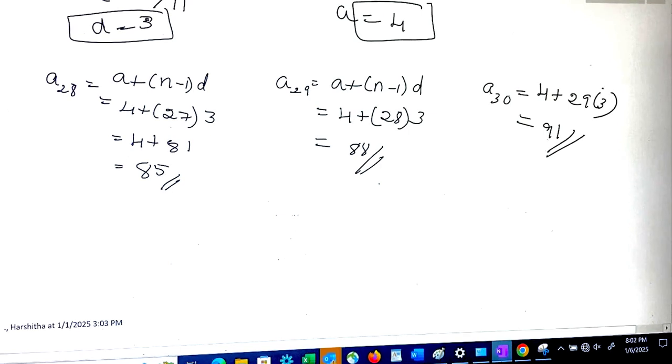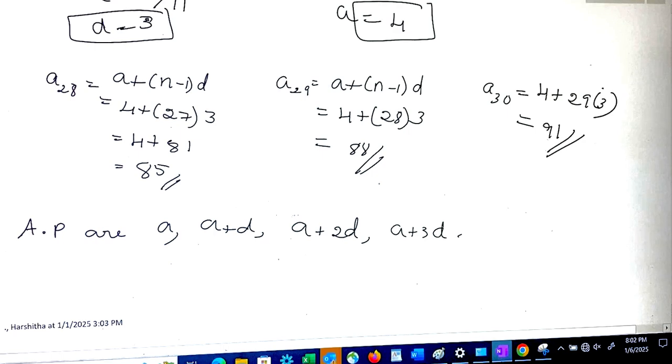Next, they have asked us to write the arithmetic progression. The arithmetic progression is a, a plus d, a plus 2d, a plus 3d, and it goes on. So a is 4, a plus d is 4 plus 3, 4 plus 2 into 3, 4 plus 3 into 3.